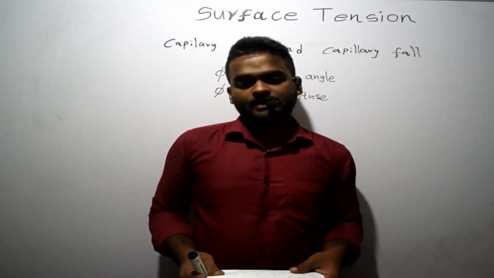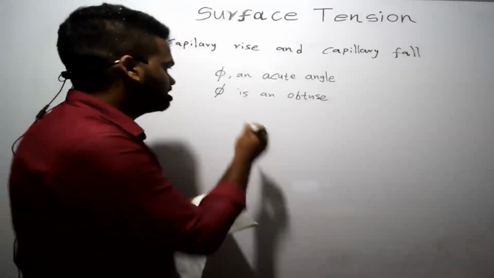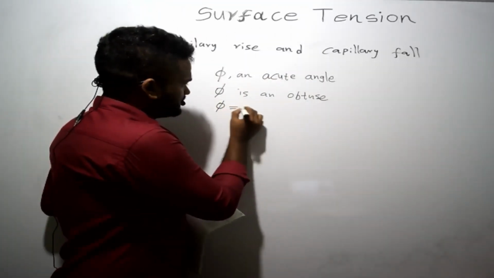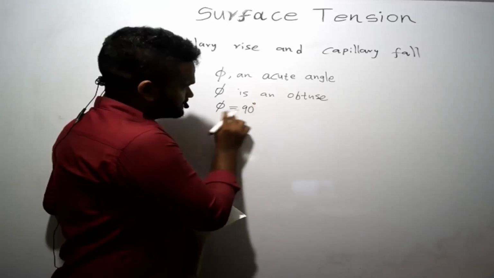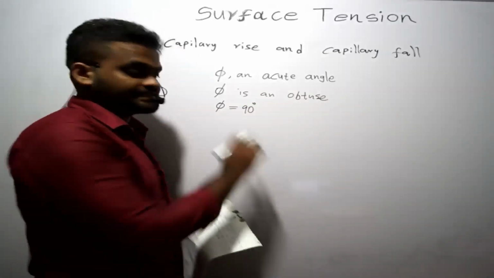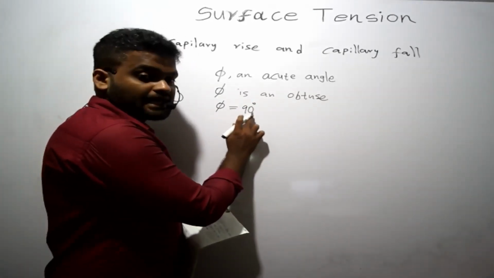To the same line, right? When phi equals 90 degrees. That is contact angle, right? Equals 90 degrees.